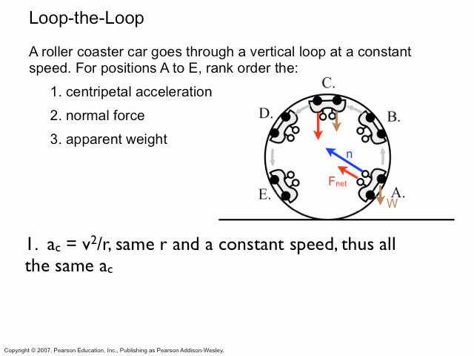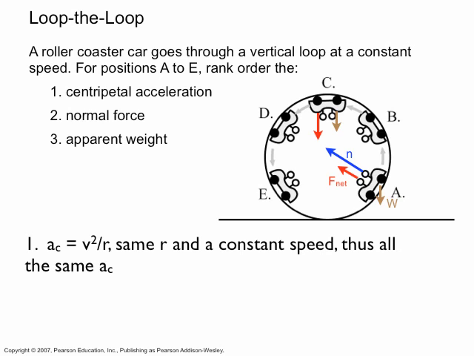But in this case, the weight is pointing in the same direction as the net force. So the normal force doesn't have to be as large, because the weight plus the normal force, in this case, at the top, is pointing towards the center of the curve. The net force, in fact, can be entirely made up of the weight, and no normal force would be needed. This would be the minimum speed.